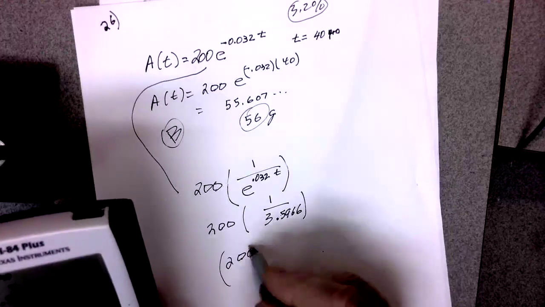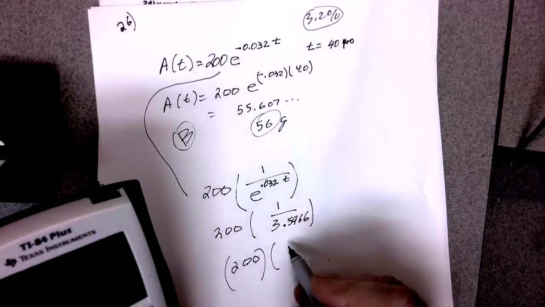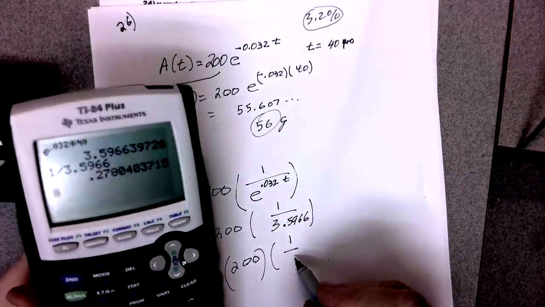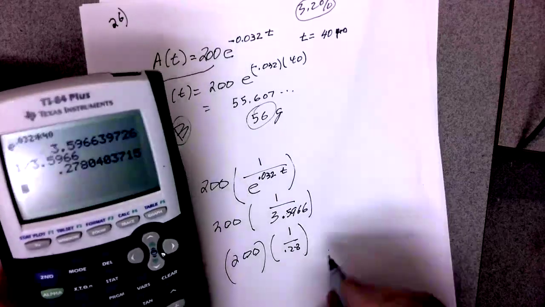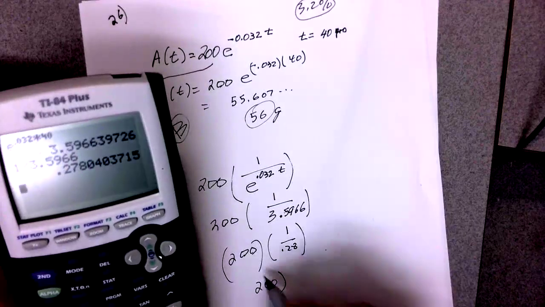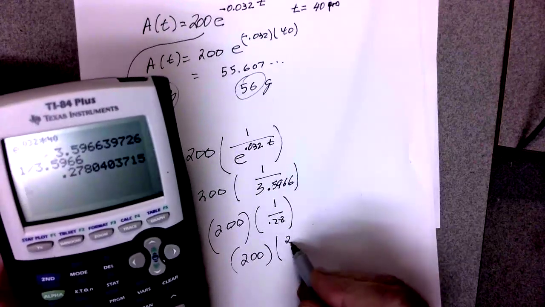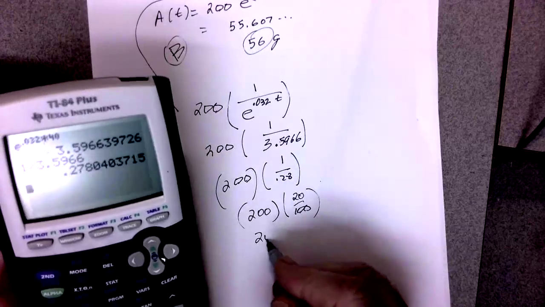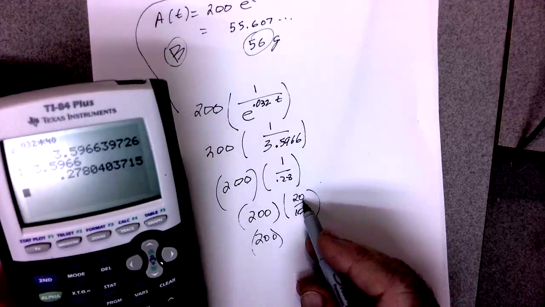In decimal form, it's 200 times 1 over 3.5966, which is about 0.28 when I round it. I'm going to rewrite this as 28 hundredths, and then simplify this fraction.